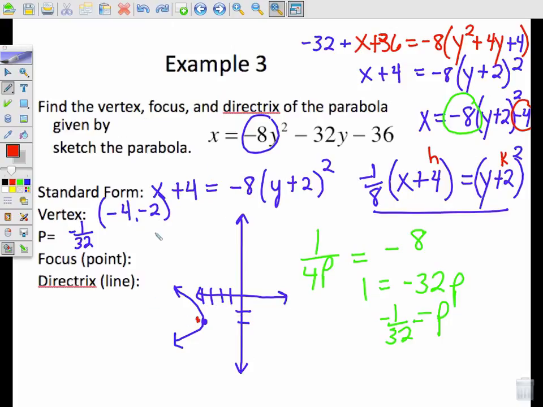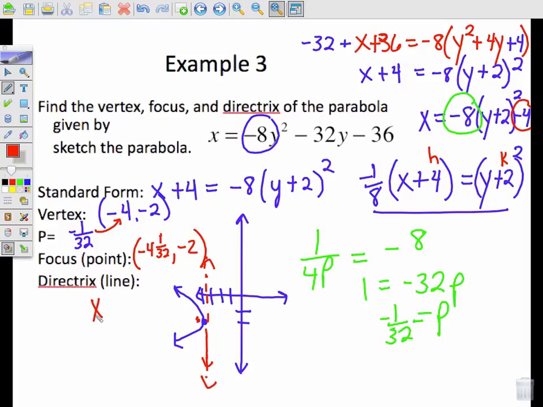And we can find that by basically adding the -1/32 to this x value. So it is -4 and 1/32. And then my y value is staying the same. Now the other part to this, the directrix, is on the other side, but exactly the same measurement away. So this time, for my directrix I need to add 1/32 to that -4.